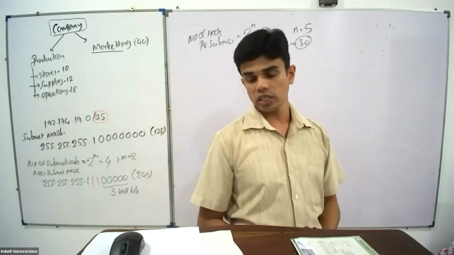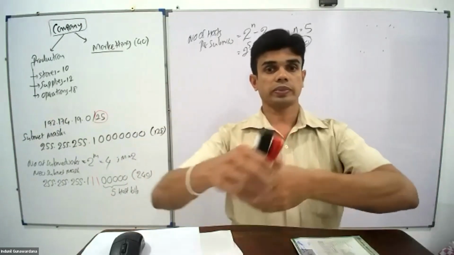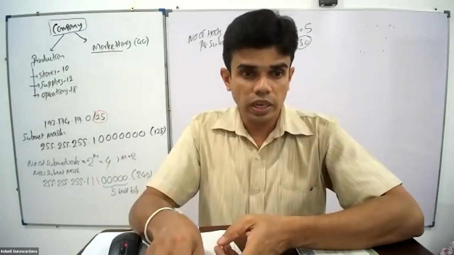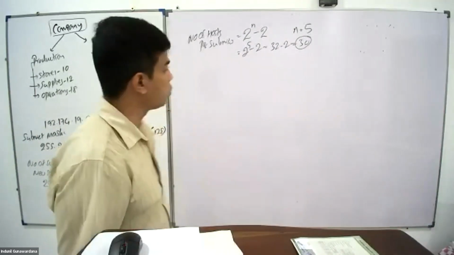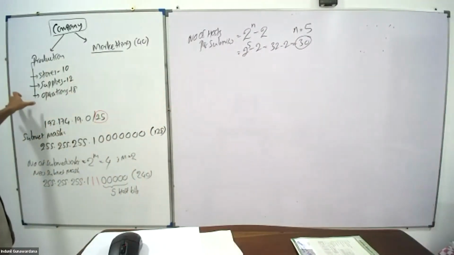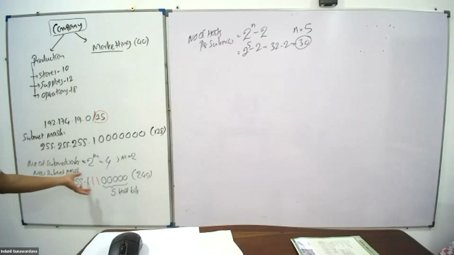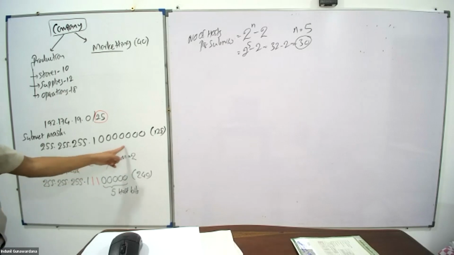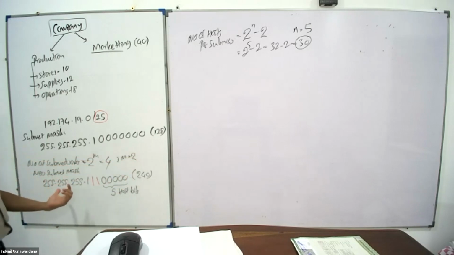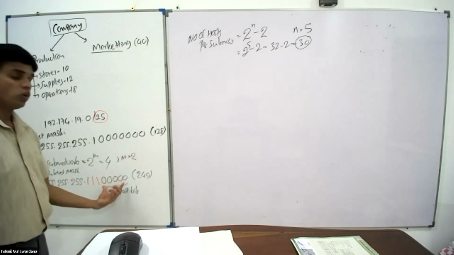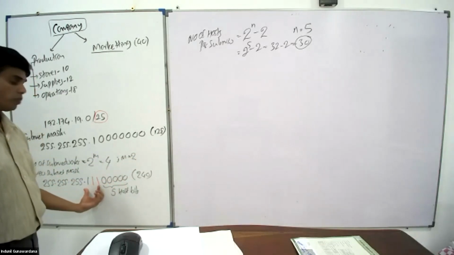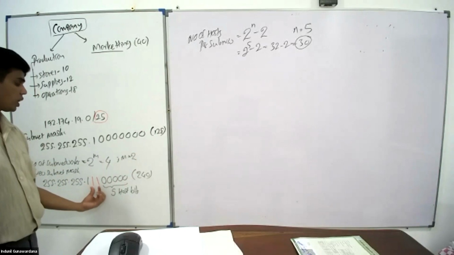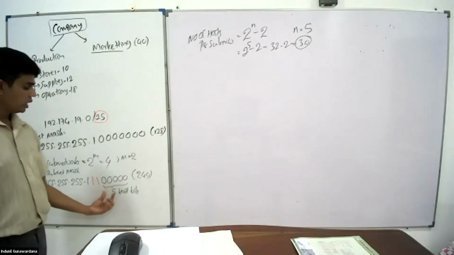Did you understand the doubt or problem at this moment? I did the subnetting. Since we need 4 subnetworks, I started my subnetting in this manner. Then I found that I need 2 subnetwork bits. When I maintain the subnet mask, there are only 5 host bits. One is the network part, the other 2 are subnetwork bits.